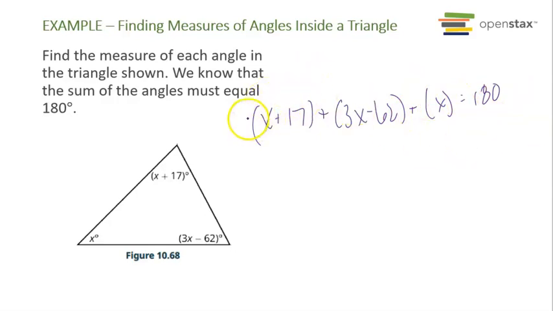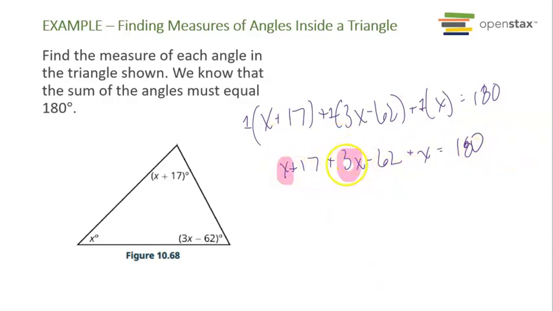So I'm going to distribute my little positive 1 that's out in front of my angles that we talked about. And so that's x plus 17 plus 3x minus 62 plus just an x. And we can combine these like terms. So I have all my x's, so here's an x, 3 more x's for 4 x's, and now I got 5 x's.